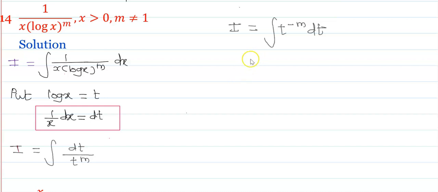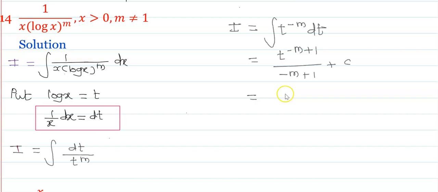This equals to t raised to minus m plus 1 upon minus m plus 1 plus c. Okay. And hence resubstitute the value of t. What is t?